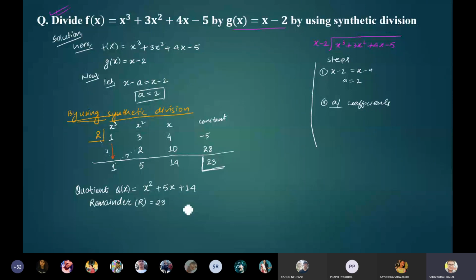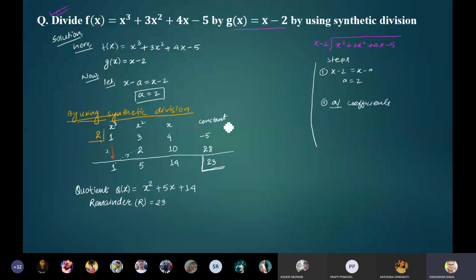If you haven't understood, then I'll discuss it in other questions also. Just be very strictly focused to understand the steps. Okay, in the first step, we compare the divisor with x minus a, and this a I need to write in the first line, the value of a on the first line, and x cube, x square, x and constant. You don't need to write these things.